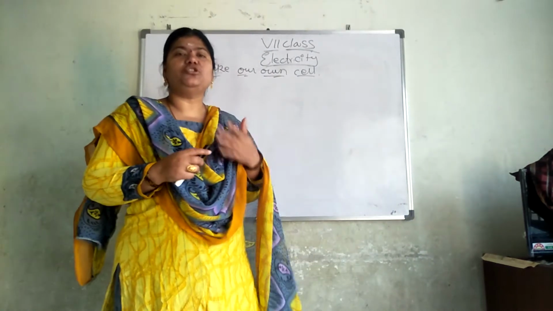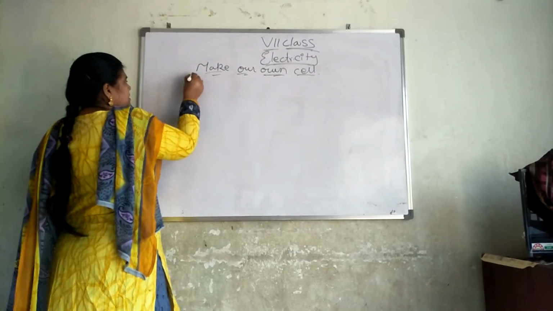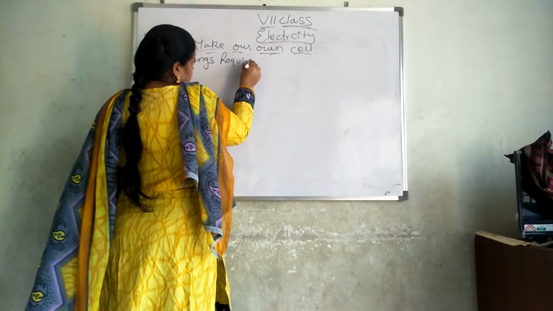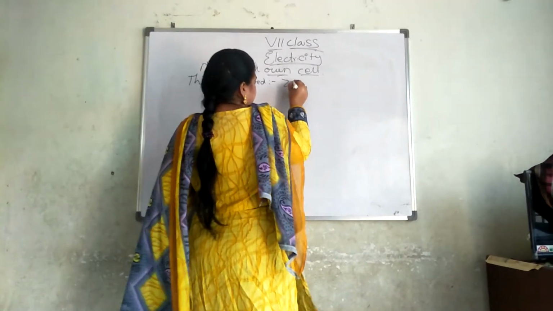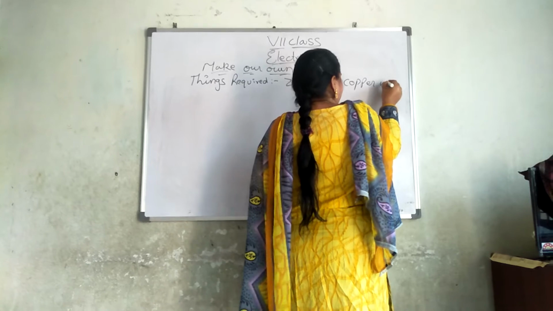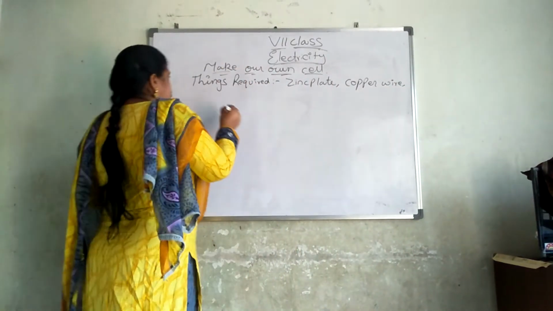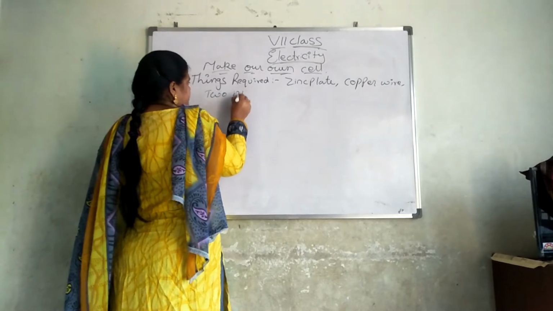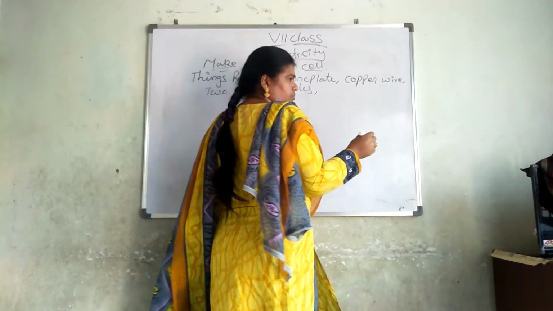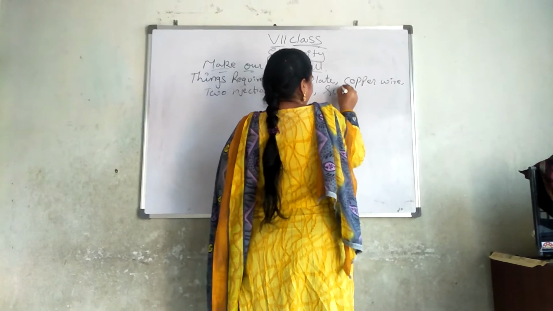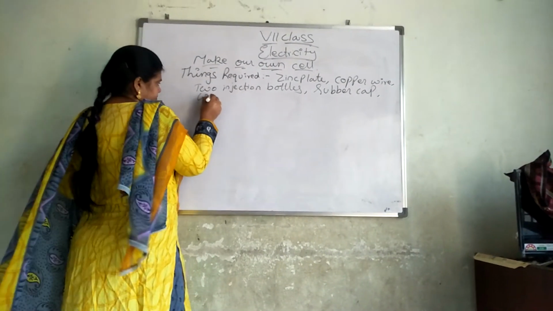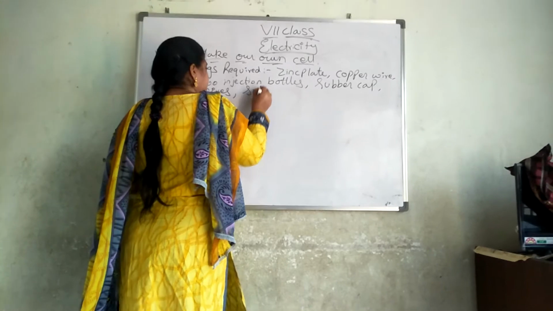So what are the things required to make our own cell? The things required: zinc plate, copper wire, two injection bottles, rubber cap, wires, and sulfuric acid.